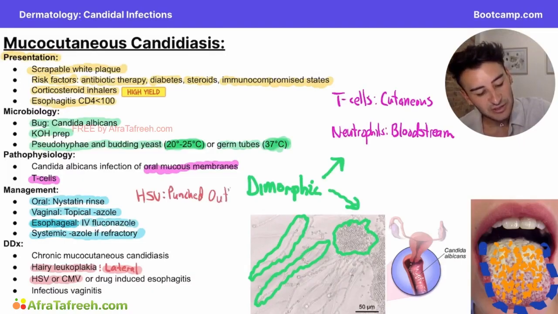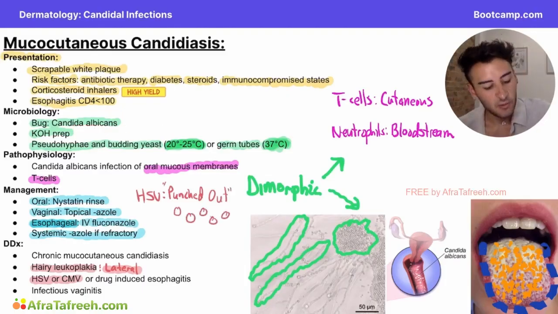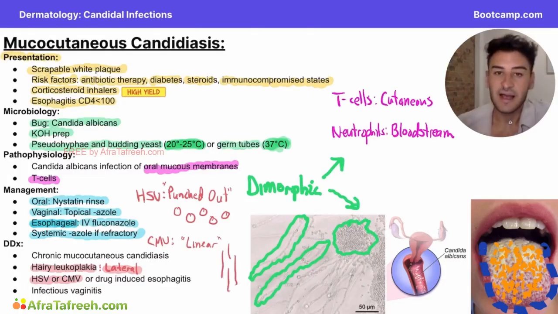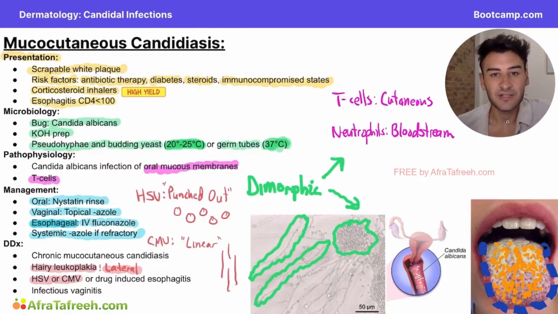Punched out lesions in the esophagus are going to look like discrete circles punched out along the esophagus. Whereas in CMV esophagitis, we are going to have it described as linear lesions. They're going to look like vertical lines along the esophagus. These lesions, described as punched out and linear, are going to be high yield when it comes to describing HSV or CMV esophagitis.